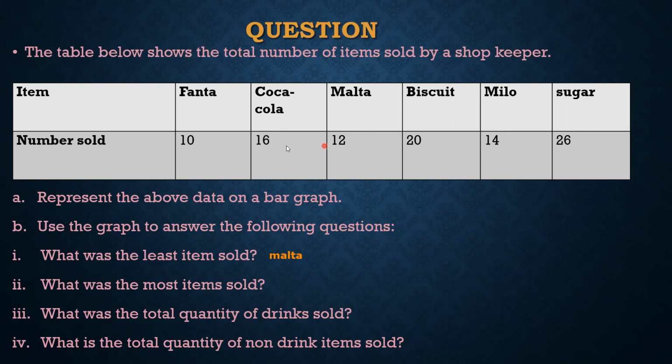The highest number shows which item was mostly sold at the shop. So here the sugar, that is 26 items sold within a day. So the most items sold is sugar. You have the sugar here.